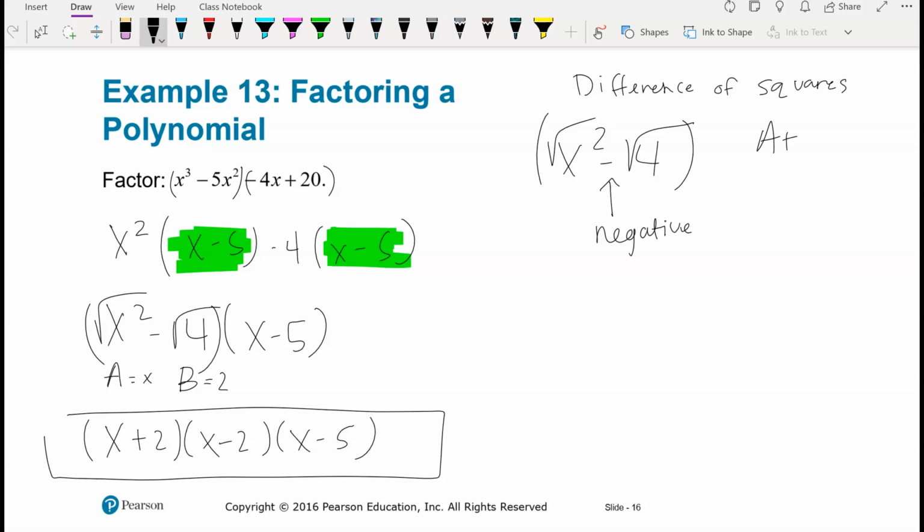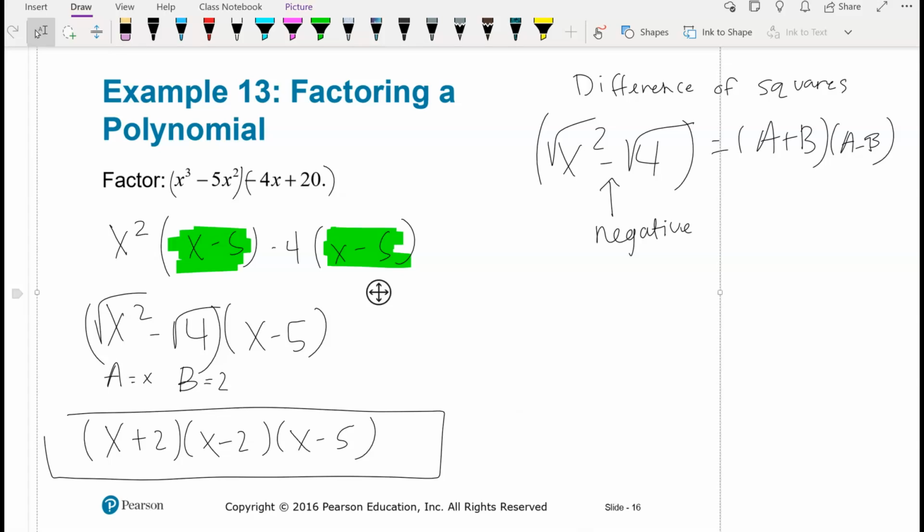So the a plus b, a minus b. Okay, so always check for that if you can. If you can square root the first and the second term and it has a negative in the middle, then you will be square rooting those for that difference of squares. Otherwise, you just leave it like the x minus 5, you just leave it alone.